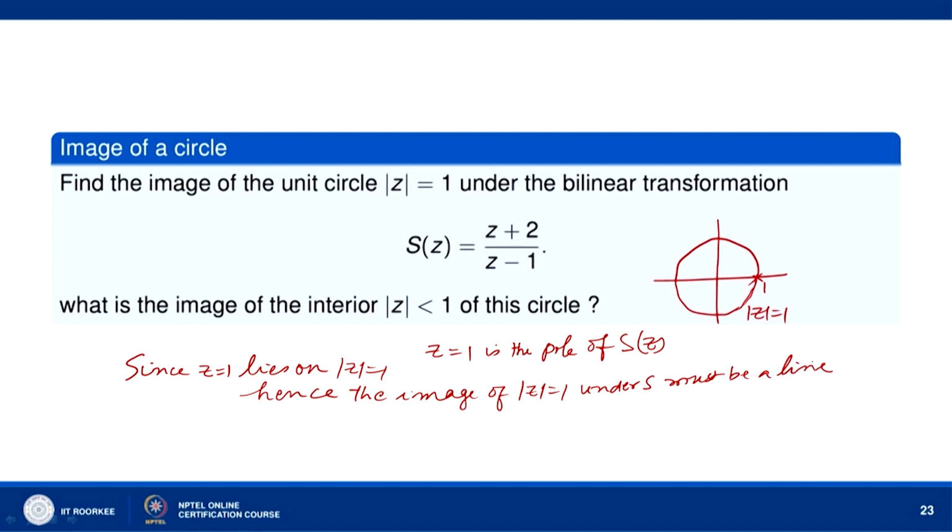Now, we need 2 points to draw the line. So, let us take 2 points on the circle and find their images, then we will be able to draw this line.